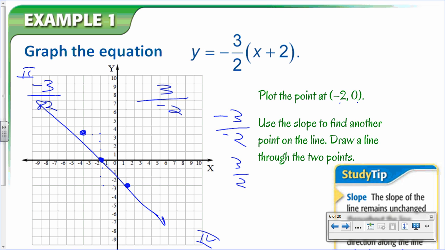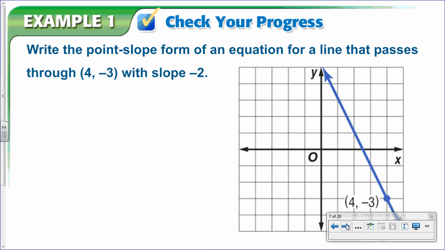Well, on an inequality, you're going to have to shade either above the line or below the line. So you need to make sure that your lines go all the way out to the edge. See what I'm saying? This line needs to go all the way to the edge there, and then needs to come all the way to the edge there. Everybody understand that? Okay. All right.